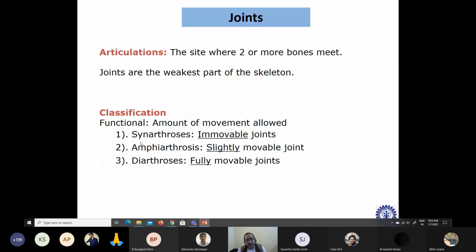You can see the names vary with the type of movement. One is the immovable joint, another is the slightly movable joint, and the third one is the fully movable joint, which is the diarthrosis.